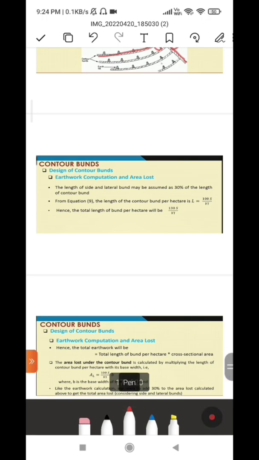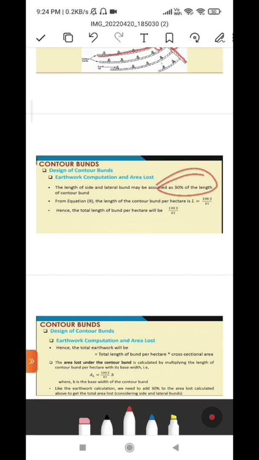Now to calculate all this, the length of the side and lateral bund may be assumed as 30% of the length of the contour bund. From the above equation, I found that the length of the contour bund per hectare would be L equals 100 into S divided by vertical interval.